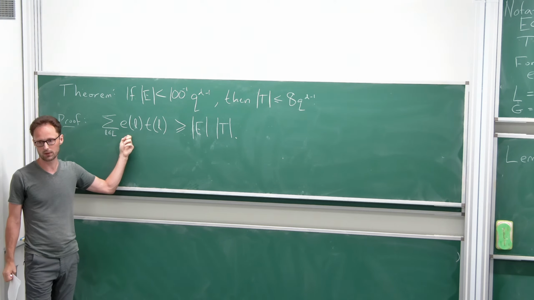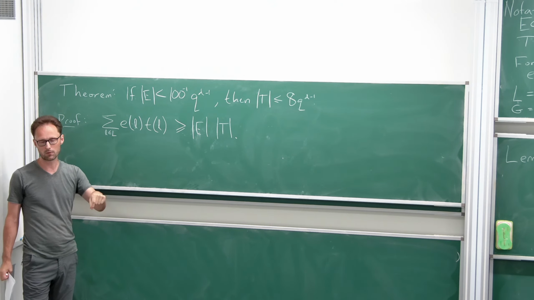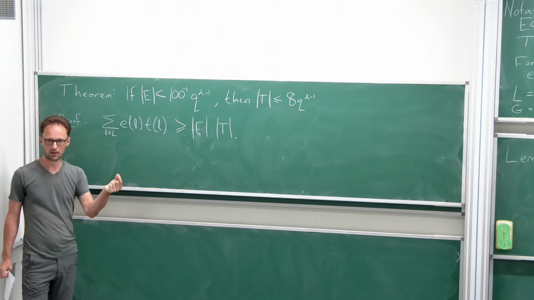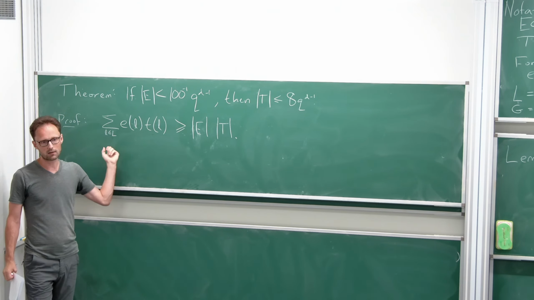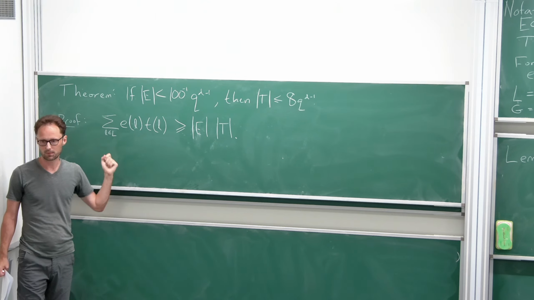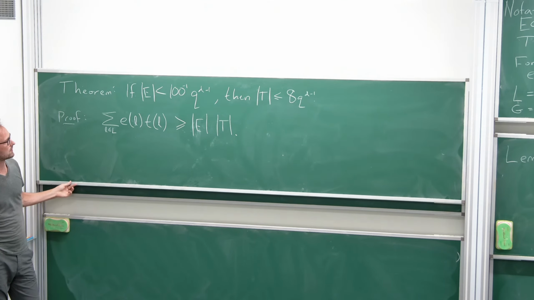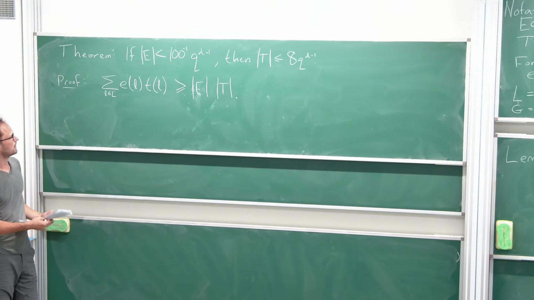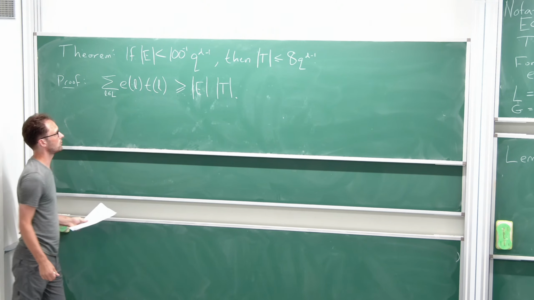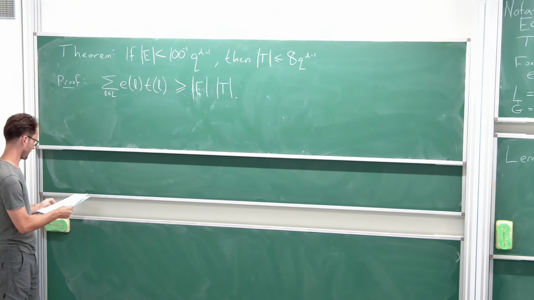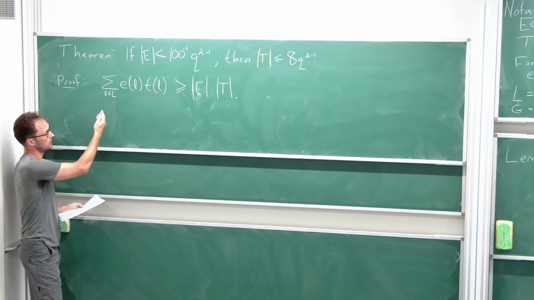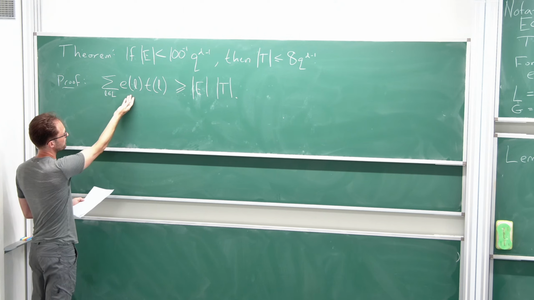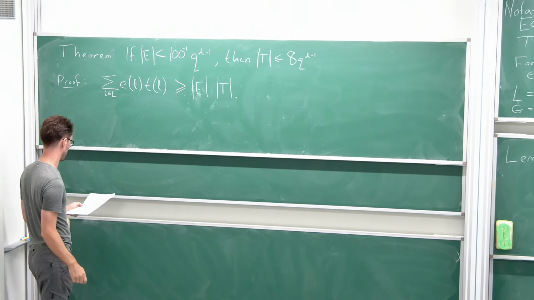If you have a point in E and a point in T that are the same point, these are not necessarily disjoint sets, then that line would be counted many times. So this inequality may be strict or may be equality. The main part of the proof is just to come up with an upper bound on that.